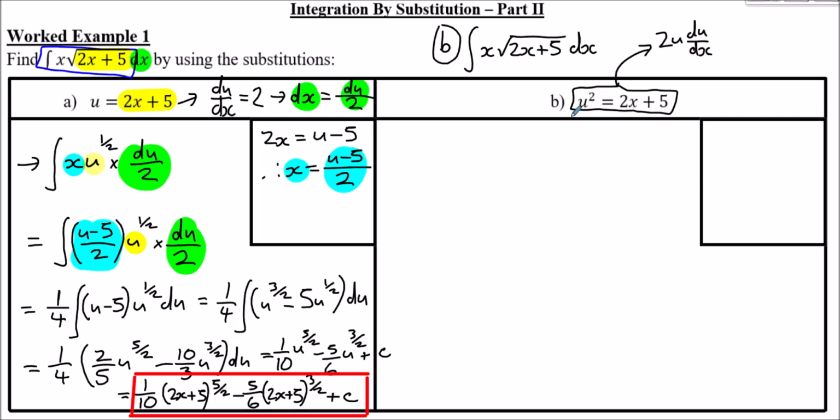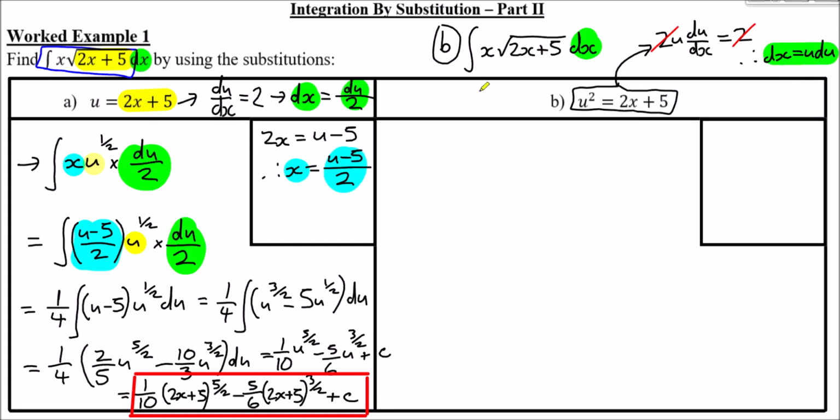So differentiate u squared, I get this, and then differentiate the right-hand side, I'll just get 2. So I can divide by 2 on both sides. That gives me 1. So therefore, dx will just be u du, which we can use. So again, this time dx is u du.